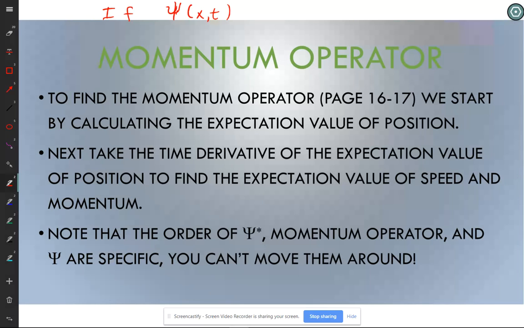But if it's a function of position and time, then the x operator acting on psi of x and t must give us, by the definition of what the x operator is, the value of x multiplied by psi of x comma t. So if our wave function has x as its variable, then it better just give us the value of x.